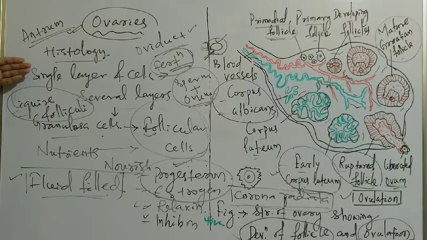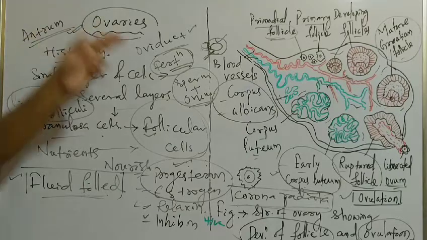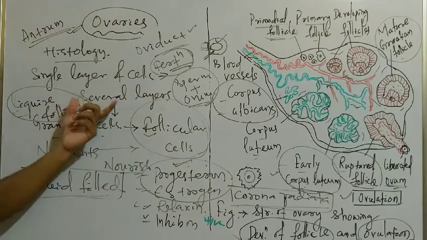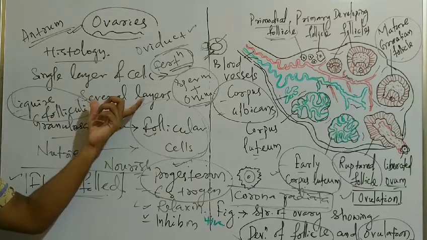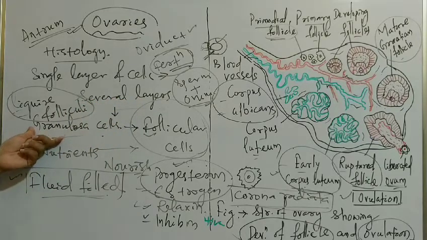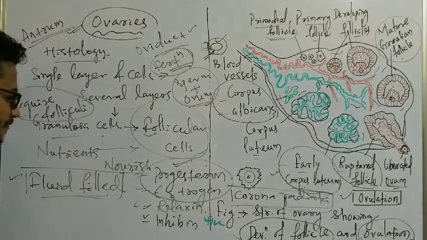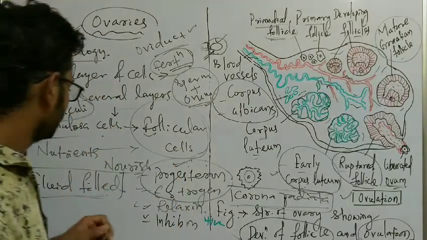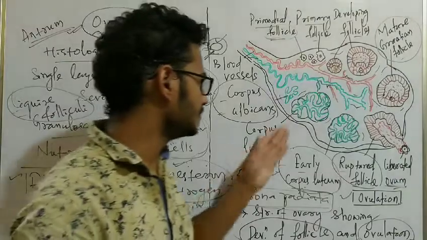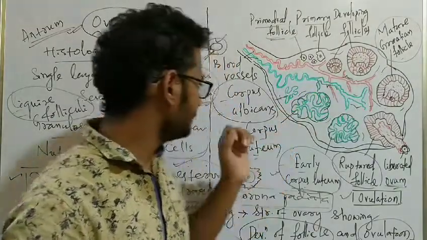When the single layer covering the follicular cells becomes multi-layered, it is called the granulosa cells. And the membrana granulosa is also helpful in the secretion of estrogen. Okay, so this is how the different hormones are produced from the different structures in the ovary.